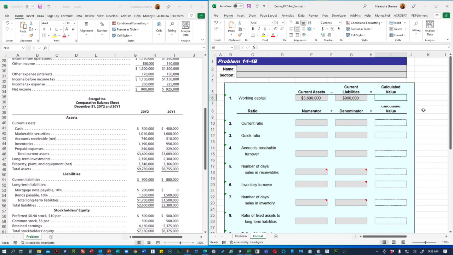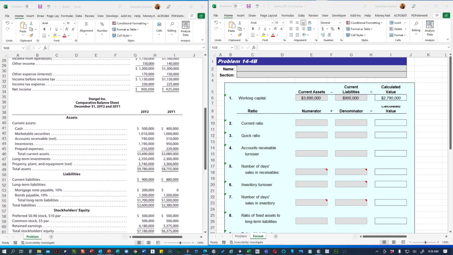So the difference in these two will be, okay, 2,790,000. You should be happy with that company because they have a working capital in the positive domain, as well as the amount is quite significant. Okay, so that is the first ratio.